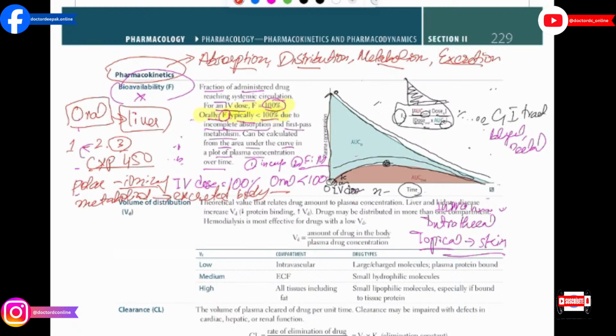Okay? So some drugs are quickly metabolized in the first pass, and the amount reaching circulation is decreased. It can be reduced in liver disease patients, because you know first pass metabolism means metabolism occurring in the liver.